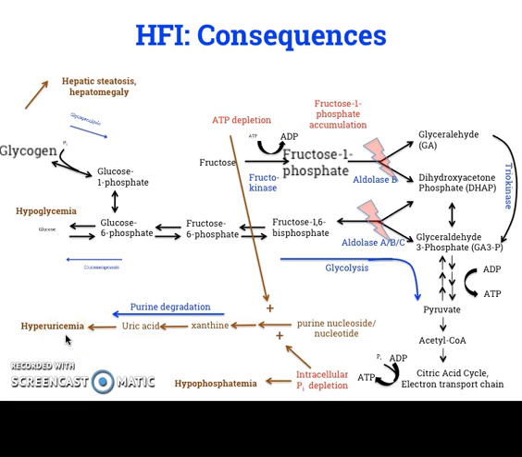Hyperuricemia results, as well as increased urinary excretion of uric acid if this were to be measured. Further, magnesium, which is normally bound to intracellular ATP, now becomes released following ATP depletion, and this, in some situations, leads to hypermagnesemia.